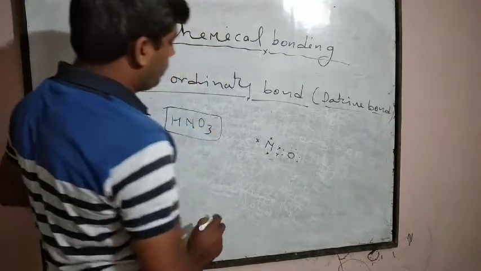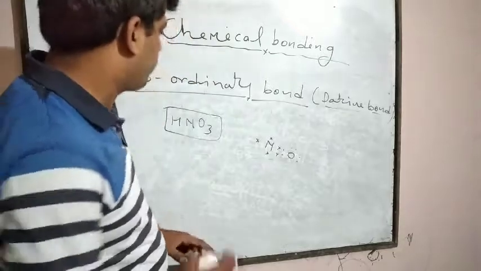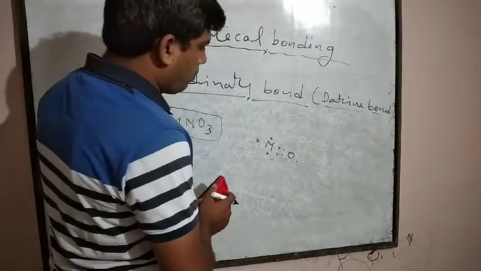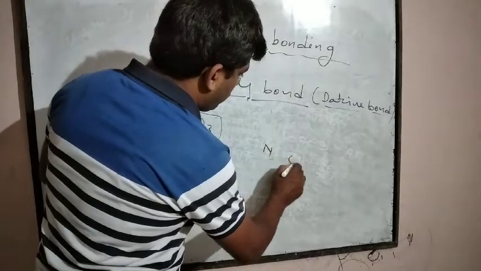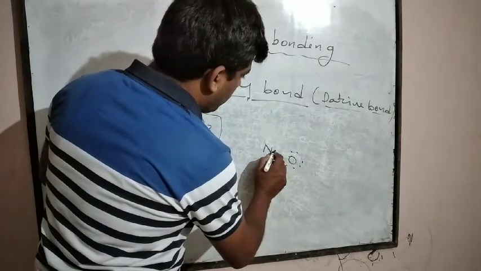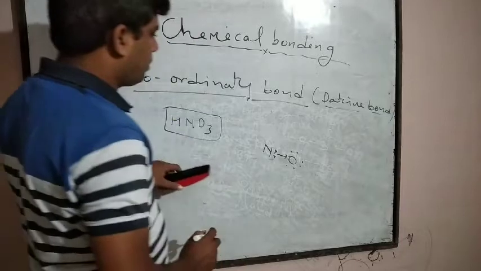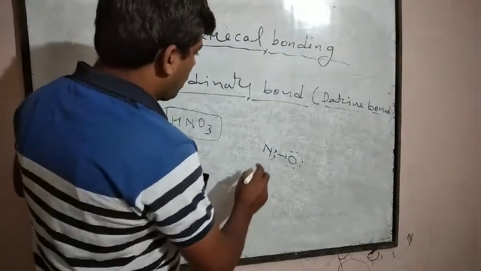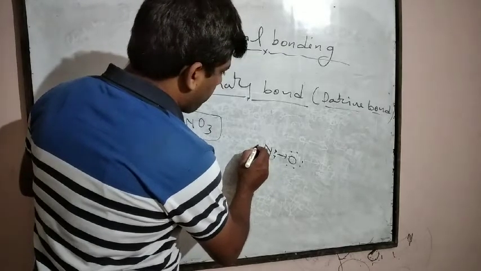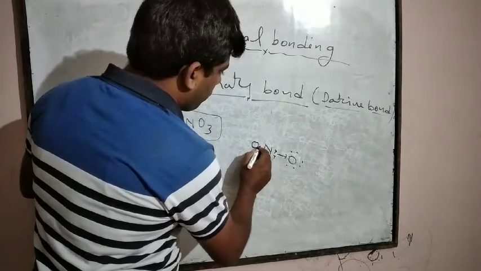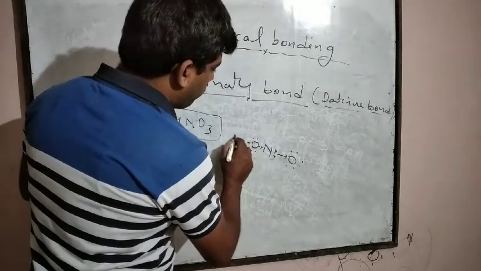Now in HNO3, one oxygen forms a coordinate linkage, and another oxygen atom forms a sharing of one electron, and one electron is shared with hydrogen.